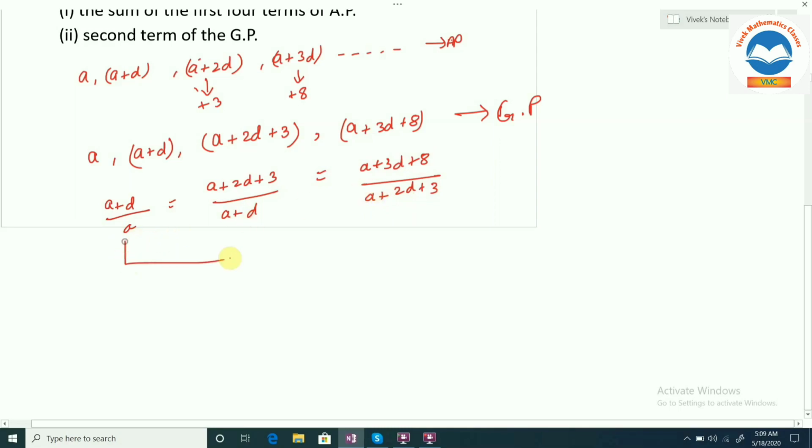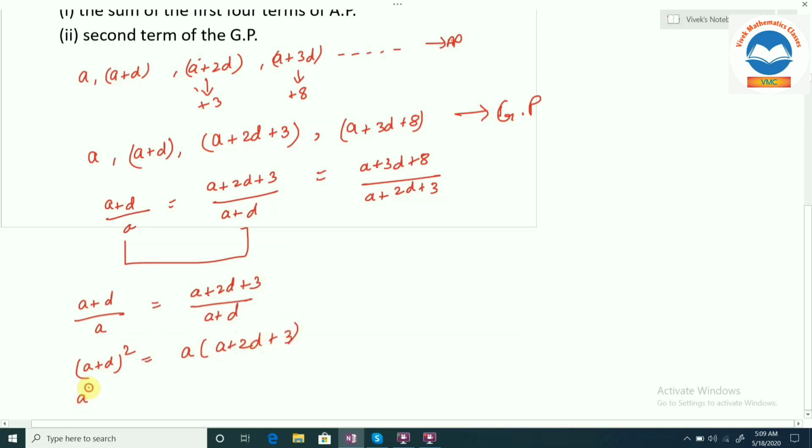Okay. If you equate these two, from here you will get one equation, that will be A plus D divided by A equal to A plus 2D plus 3 divided by A plus D. Cross multiply, you will get A plus D whole square will be equal to A into A plus 2D plus 3.